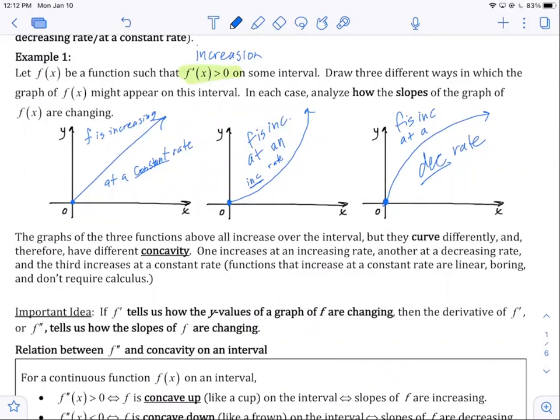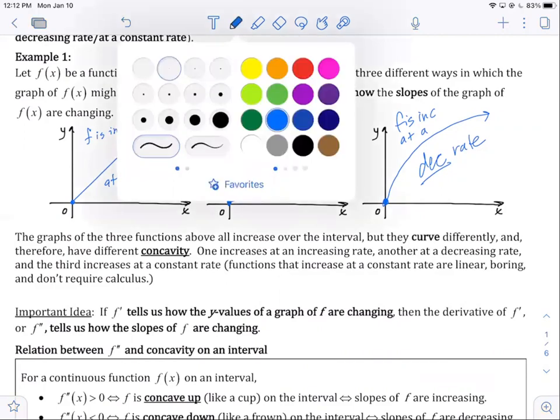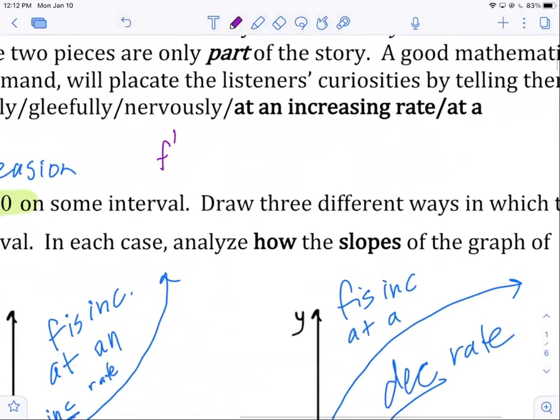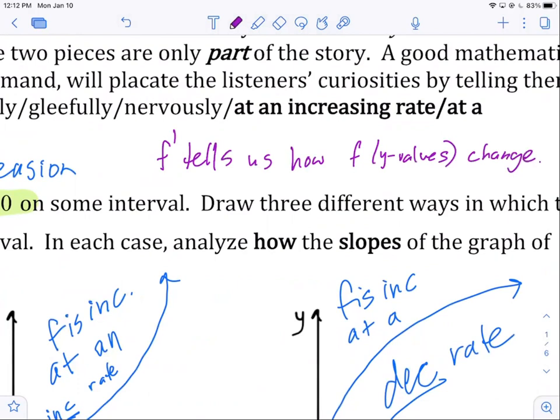Why is it so obvious that the second derivative should be the thing that tells us the curvature? Well, you have to remember first and foremost that f prime tells us how f, which are the y values, change. Right? Anytime you take the derivative of a function, it tells you how they change.